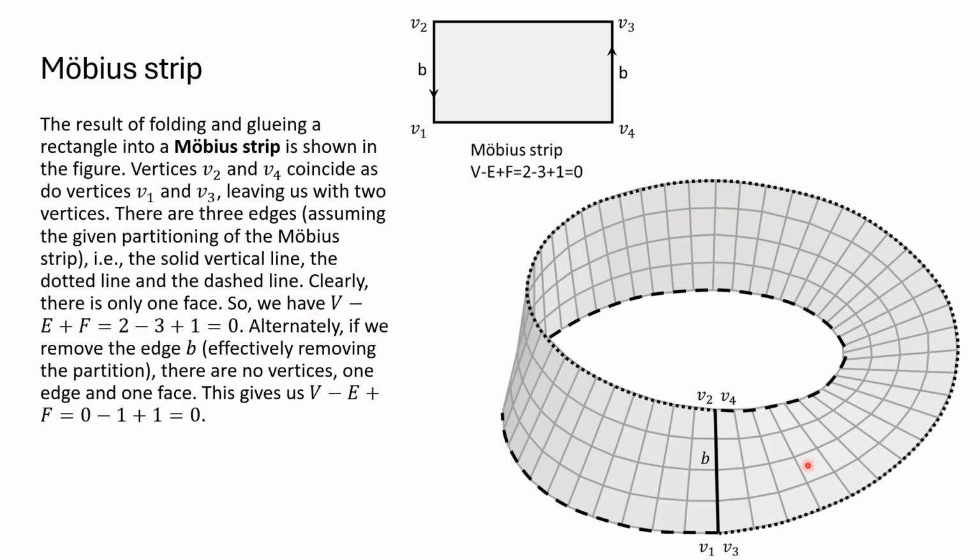Here's a picture of a Möbius strip. You can make one pretty easily. Just get a long strip of paper, twist it halfway, and then join it at the short edge, and you get this shape here.